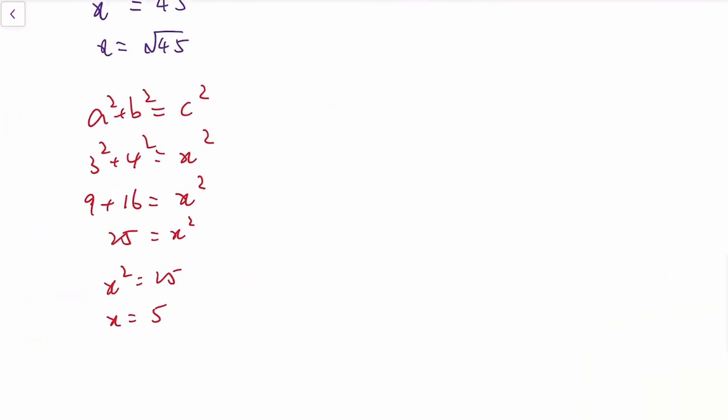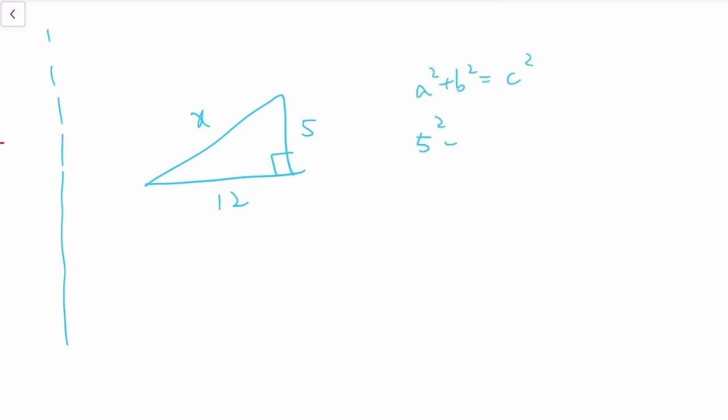Another such example would be maybe 5 and then 12 and then x. So we have a squared plus b squared equal to c squared. 5 squared plus 12 squared equal to c squared. So 5 squared is 25. So this is where it would be nice if you can memorize a lot of squares. 12 squared is 144. If you add them up, you get 169.